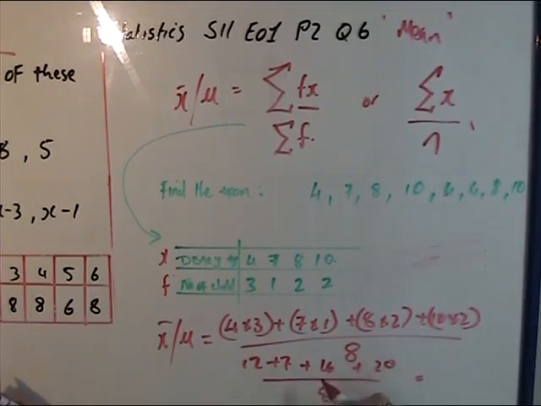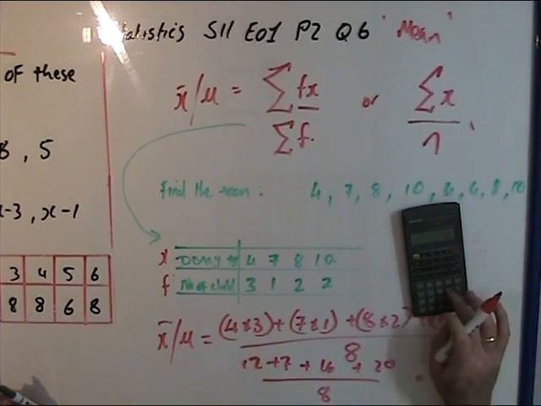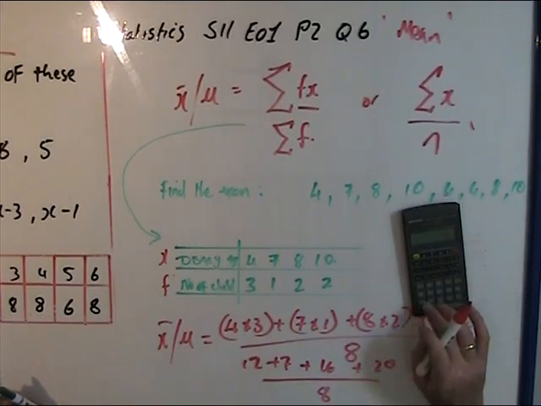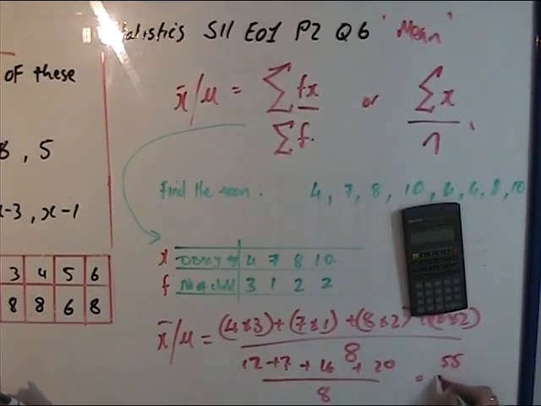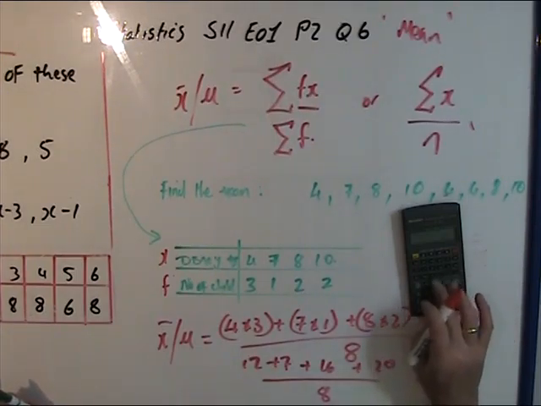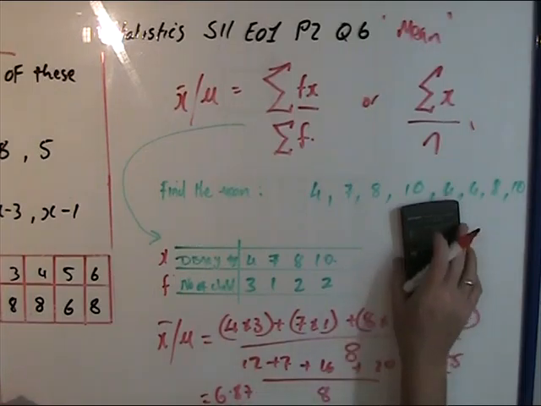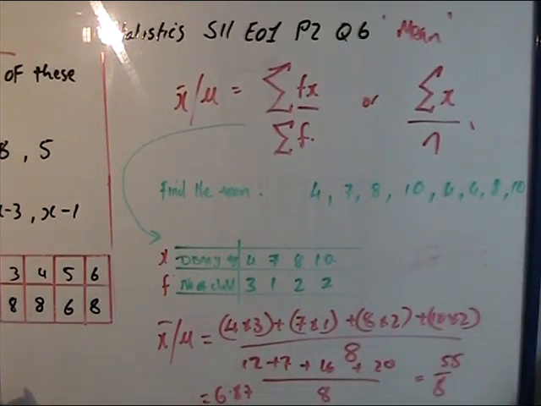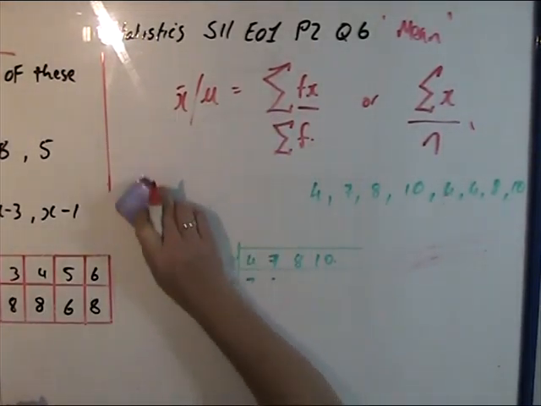I'll get out my calculator, I always have it with me. 12 and 7 is 19, plus 36 equals 55, divided by 8, and the mean is 6.875. Okay, so that's the mean. That's how you calculate the mean using the two types of formulas.